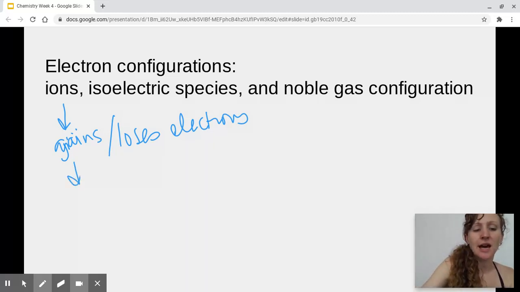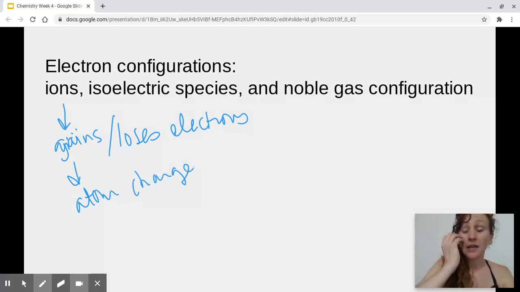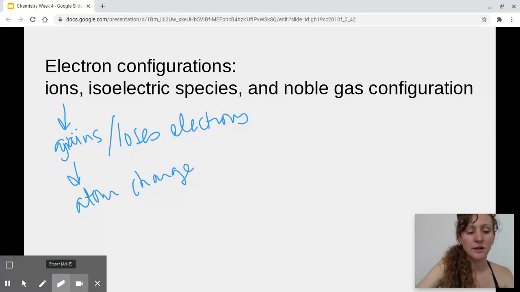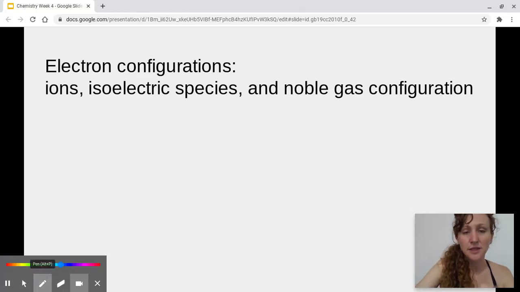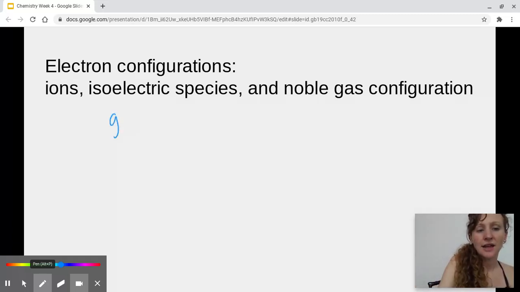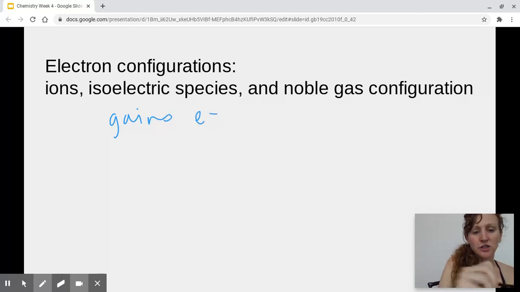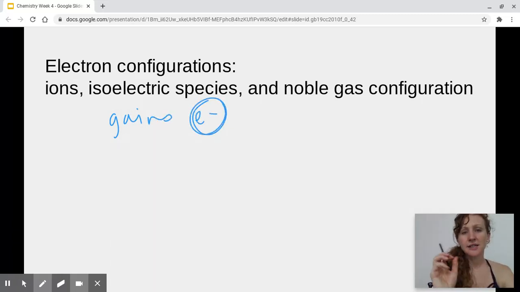So really, an ion is an atom that has a charge. Now, the charge is going to depend on whether the atom gains or loses electrons and how many electrons it gains or loses. Remember that an electron is a little particle that's negative. So if an atom gains electrons, it's going to have a negative charge.